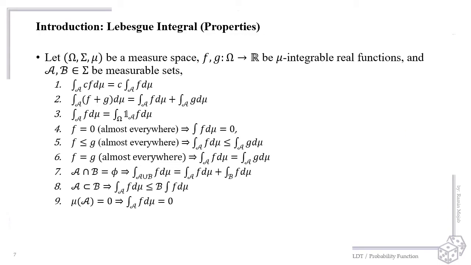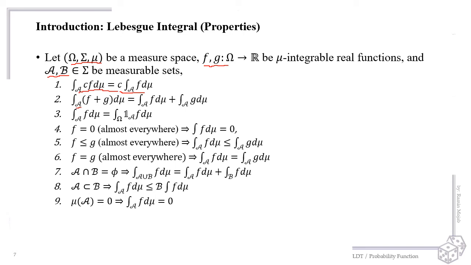I have listed some properties of the Lebesgue integral. If we have this measure space and f and g are mu integrable real functions and A and B are measurable sets, then we can say that the Lebesgue integral of Cf, in which C is a real number, equals C times the Lebesgue integral of f.